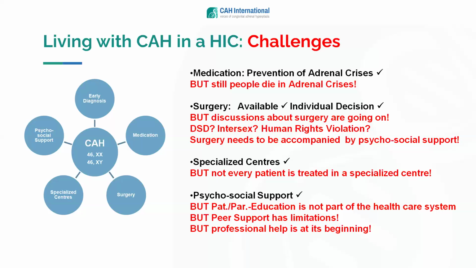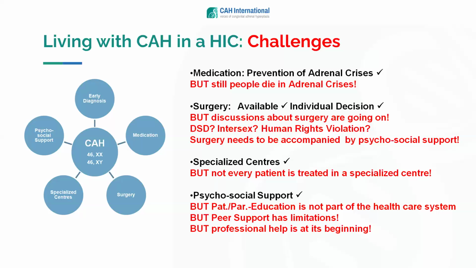But it turned out that he was not really specialized in CAH, and this mother came up to me because her daughter gained so much weight and had such high blood pressure at 12 years. And then I talked to her and said, oh, maybe you should have a second opinion somewhere in a specialized center. Maybe the medication is too high.